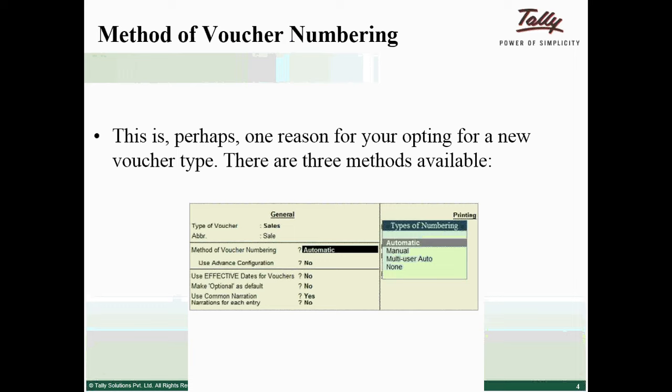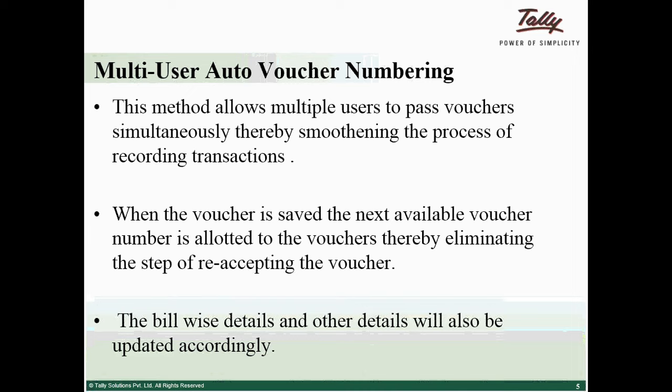Next, moving on to multi-user auto. The multi-user auto voucher numbering feature in Tally.ERP 9 works effectively in the multi-user environment where multiple users are working on the company data and recording vouchers.